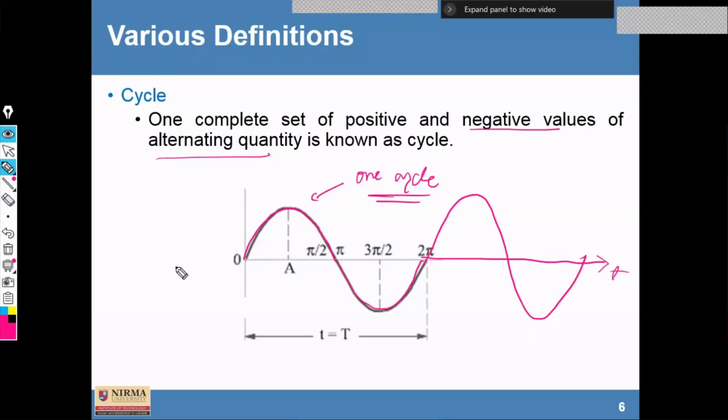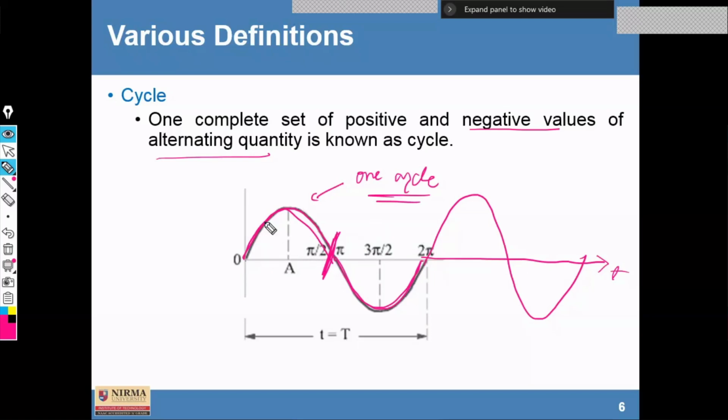Now, here there is a positive half cycle and there is another negative half cycle. Right? So here is one complete set of positive and negative. We can't say that all these positive values together are a cycle.